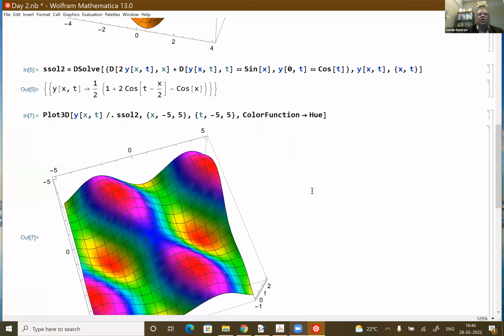Okay, nonlinear PDE means you have to give an example. For example, give a simple nonlinear PDE here.